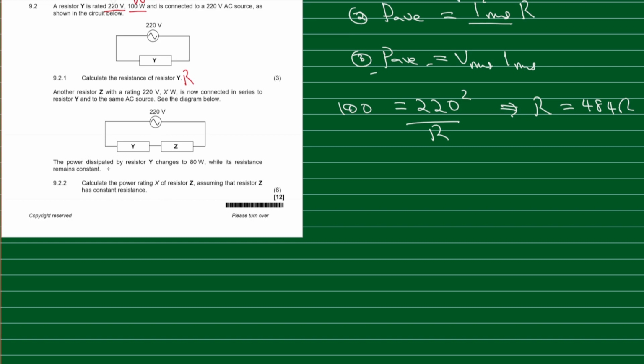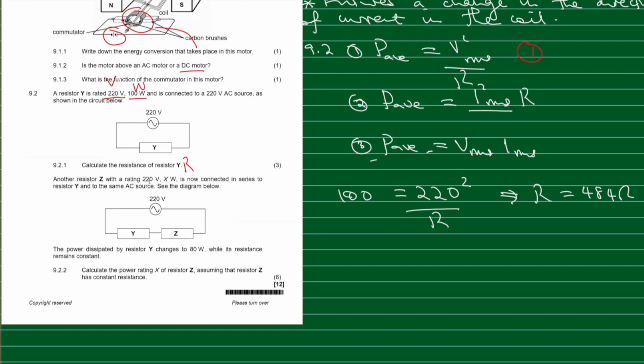The power dissipated by resistor Y changes to 80 watts, while its resistance remains constant. Calculate the power rating of resistor Z, assuming that resistor Z has constant resistance. So we want to calculate the rating of resistor Z. What is the power for Z?